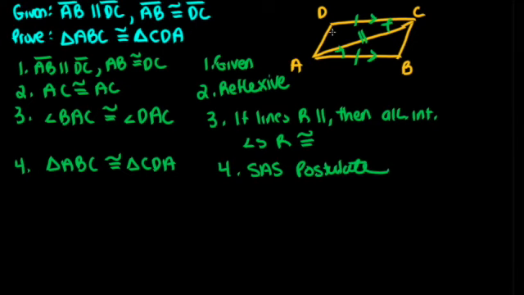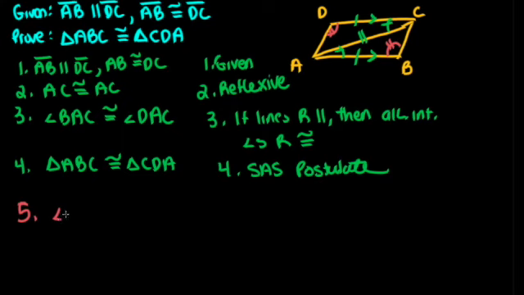Let's take it a step further. For instance, if we were asked to prove that angle D over here is congruent to angle B, how would we say this? Well, it's very simple. Since we know that these two triangles are congruent, we know that every single part of these two triangles will be congruent to each other. So if we were asked to prove this, we would just have to add this one last step at the end.